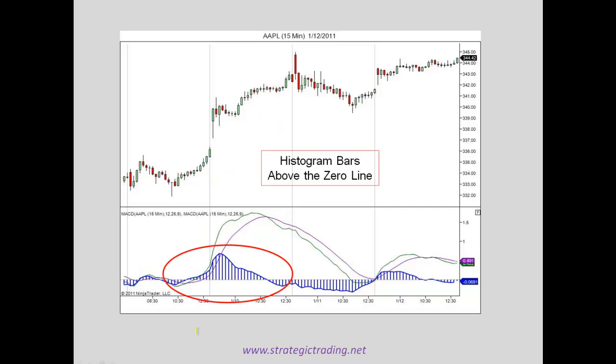Histogram bars above the zero line are basically simply indicative of the fact that momentum was on the upside, or momentum was increasing, and then at some point it's starting to decrease. As it decreases, or as the bars go below the zero line, it does not always mean that prices will follow. Sometimes they will, sometimes they will not. So you have to be careful about that.